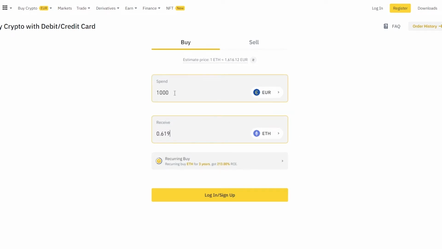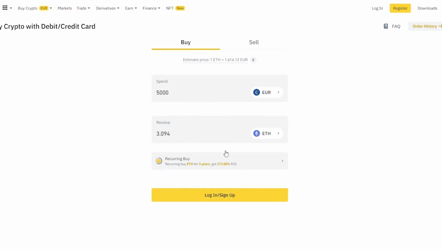So 1,000 euros can get us 0.619 Ethereum. And if I put in any other value, for example, let's put in this much euros. Okay, I don't think it lets us transact that much. Let's put in 5,000 euros. And in 5,000 euros, we can transact 3.094 Ethereum.